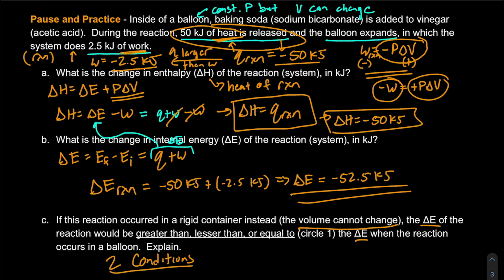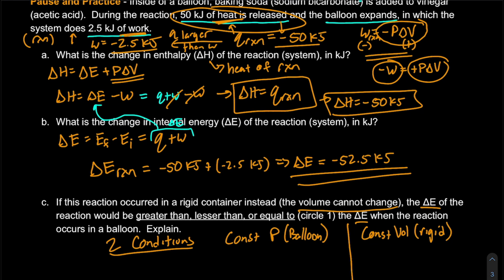Our two conditions: constant pressure, that's our balloon, and we compare that to our constant volume, and that is where we have this rigid container. Let's think about what's the same.